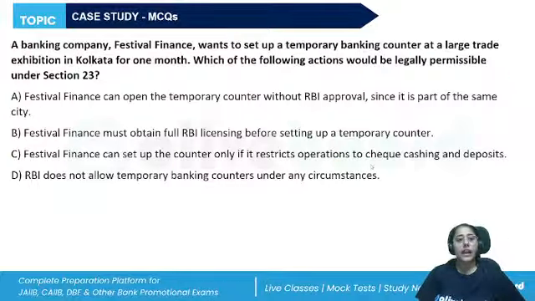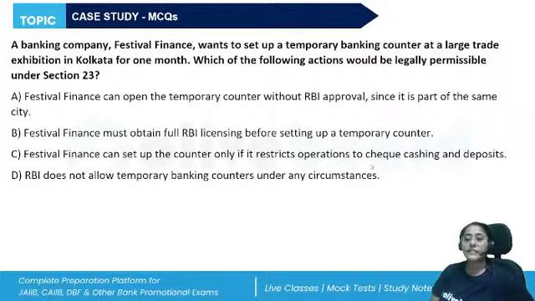Okay. A banking company, Festive Finance, wants to set up a temporary banking counter at a large trade exhibition in Kolkata for 1 month. Which of the following actions should be legally permissible? Festive Finance can open the temporary counter without RBI approval since it is a part of the same city.